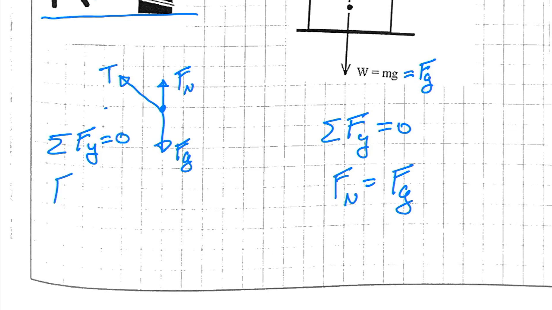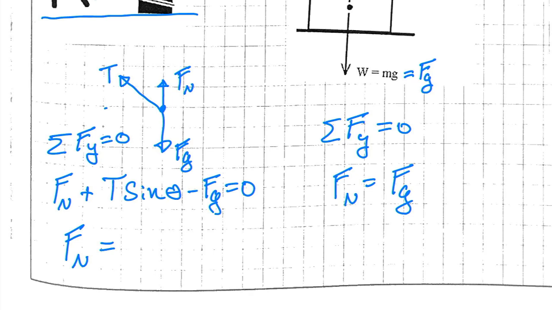That means that the normal force, which is up, plus the force of tension in the y direction, which is going to be T sine theta, minus the force of gravity equals 0. And that means that the normal force is equal to the force of gravity minus T sine theta. So tension pulling up supports some of the weight, and it reduces the amount of the weight that the normal force needs to support.